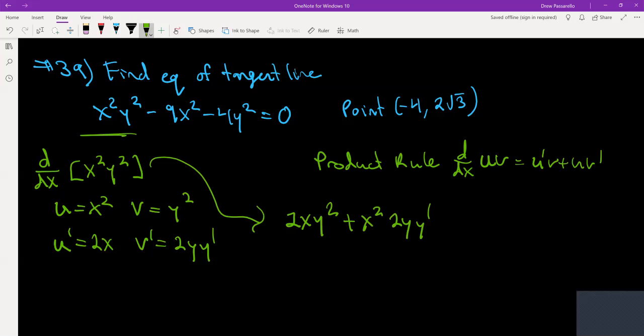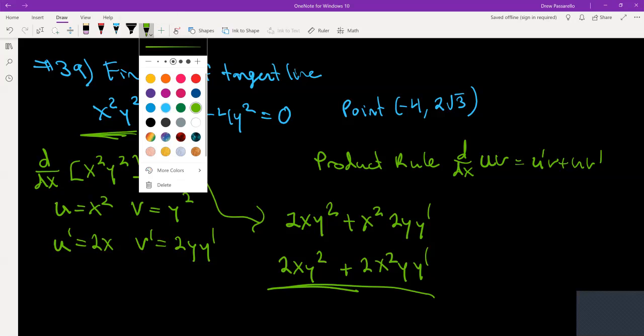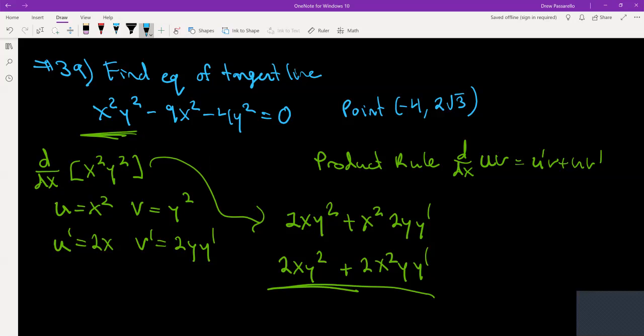All right, and maybe just reorder it so it looks like the following. So do 2x squared y y prime. That's usually the particular order that we're used to. And all of this is just the derivative of the x squared y squared piece. All right, so I went ahead and just found that.